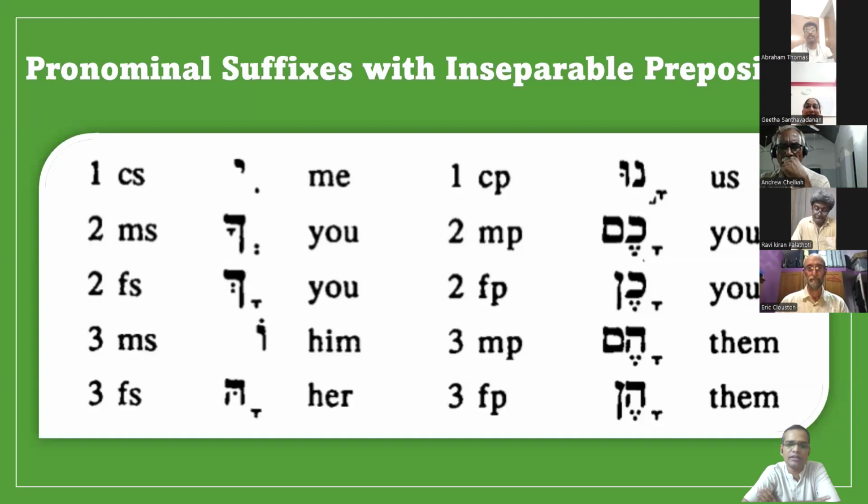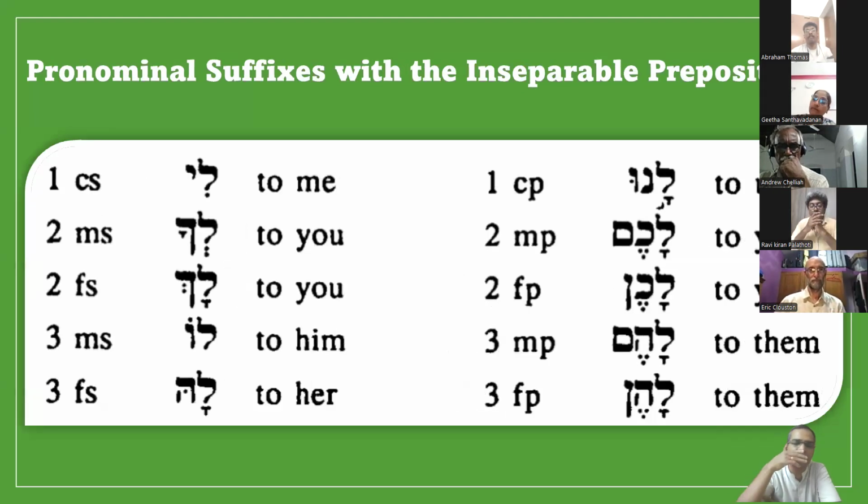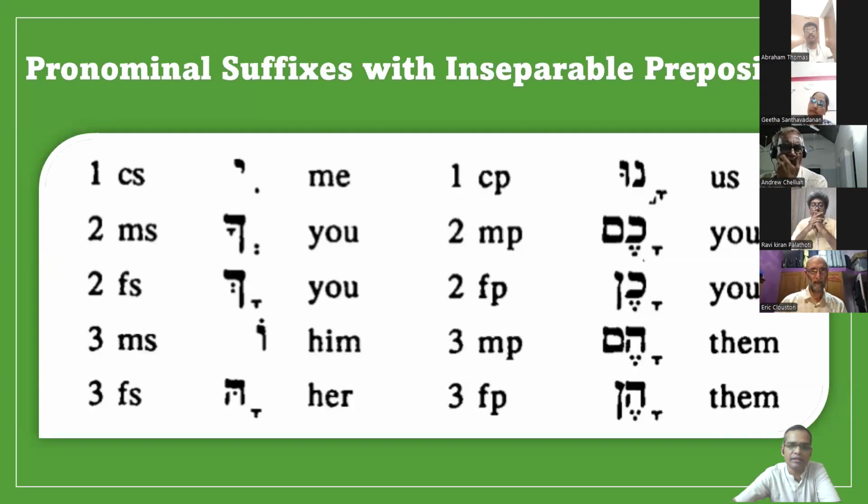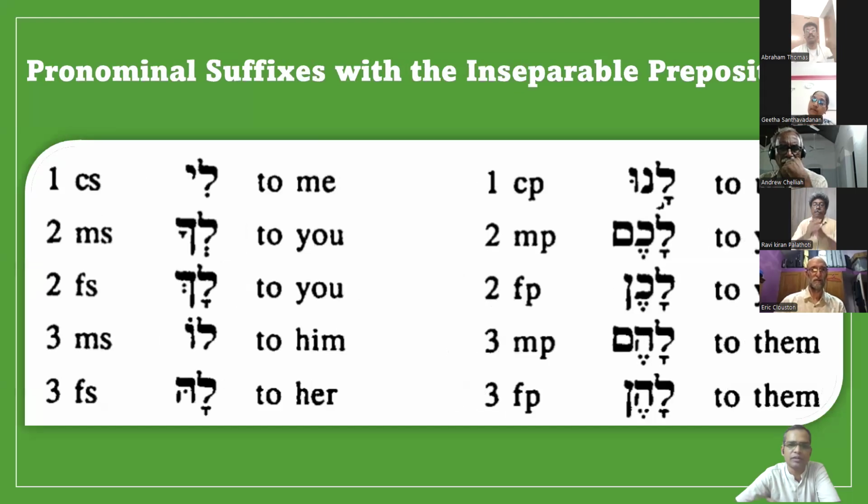Now let's see what happens when we attach this to the inseparable preposition lamed followed by shva. When this is attached, the shva under the lamed will disappear because the vowels are already there in the endings, along with the inseparable preposition.